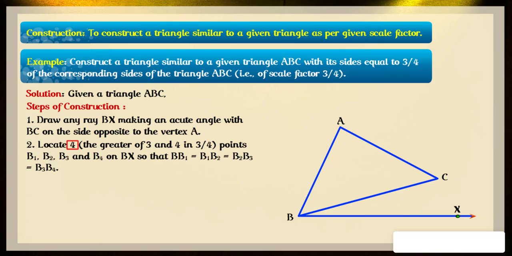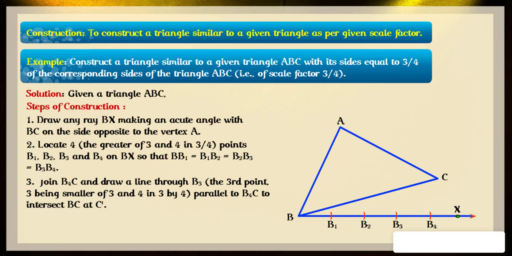Locate 4, the greater of 3 and 4 in 3 by 4, points B1, B2, B3 and B4 on BX so that BB1 is equal to B1B2 is equal to B2B3 is equal to B3B4. 3.